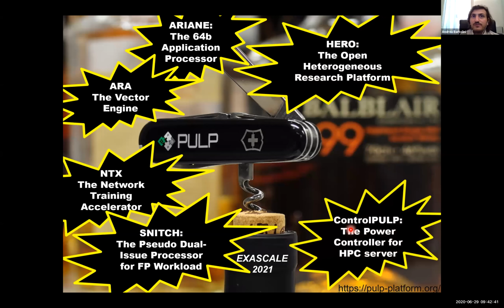And then finally, we have Control PULP, which is a power controller for HPC server processors, which allows you to control the power consumption and the temperature evolution of your system and interface with the system.